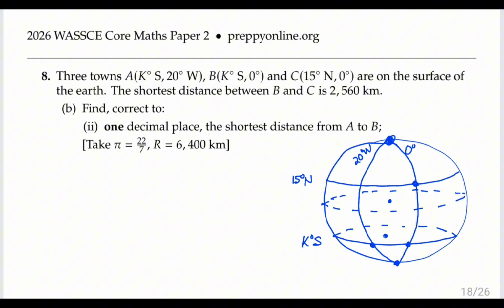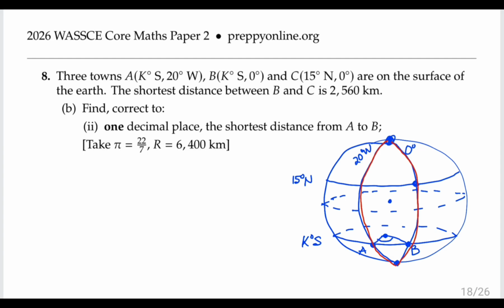So the latitude can actually be represented as a circle which has a center. So if we have point A here and point B here, if we connect the center to A and B, we're going to have a certain angle here. And that angle is the angle between this longitude, 20 degrees west, and this longitude, which is 0 degrees.